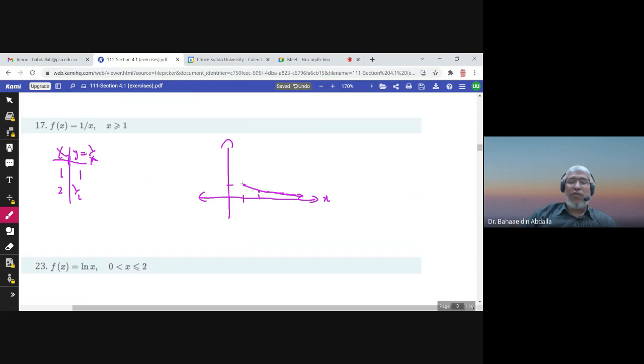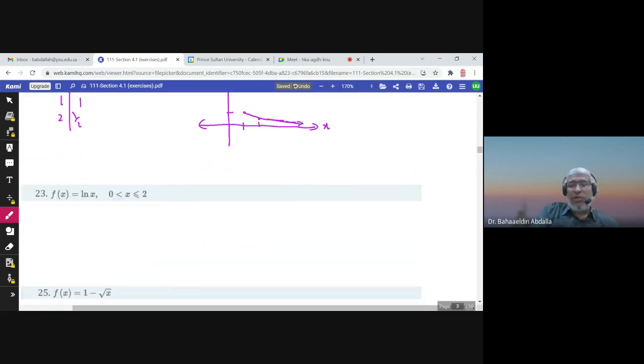We know the graph of 1 over x, but we are just graphing the part when x is greater than or equal to 1. Again, f of 1 equals 1 is absolute maximum here, and there is no absolute minimum because it doesn't touch 0, and no local maximum, no local minimum.